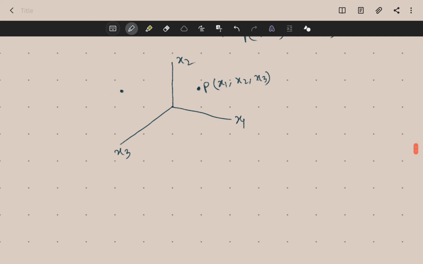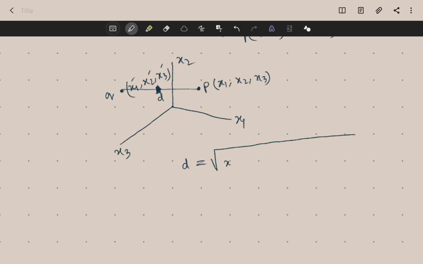If we consider another point q, again it holds three components, which we write as x1', x2', x3'. So how can we calculate the distance between these two points? We can calculate it very easily by extending the previous formula.